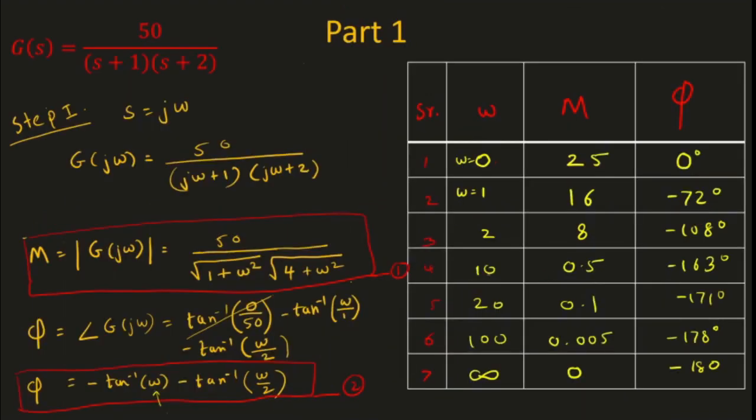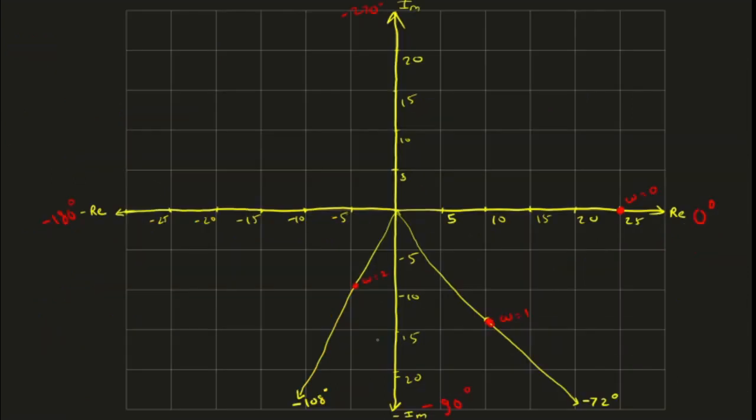Now the next point, omega equal to 10, I have magnitude 0.5 and angle minus 163 degree. So the angle minus 163 will come somewhere here, and that value is 0.5, omega equal to 10.